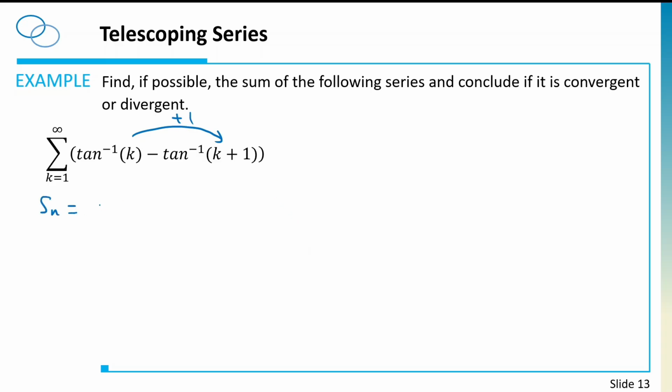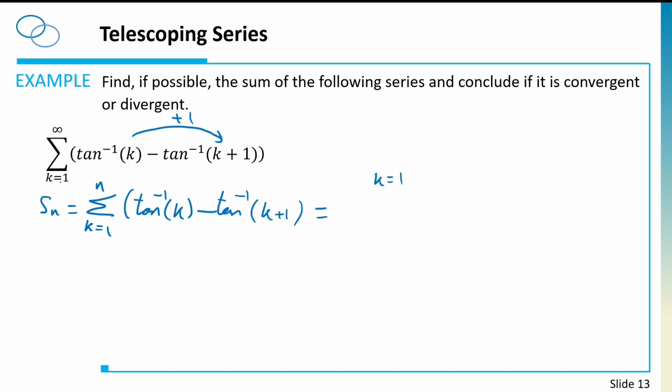So Sn equals sigma from k equals 1 to n of tan inverse of k minus tan inverse of k plus 1. So this equals the first term at k equals 1 only. You always need to be careful about the index. This is important.